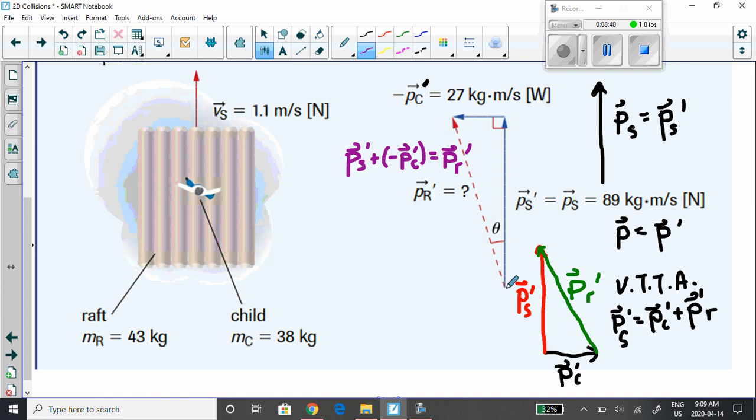And here it is: the momentum of the system plus the negative of the momentum of the child, as the child is walking, has to equal the momentum of the raft as the child is walking. So this diagram and this diagram are saying the same thing. They've just rearranged the equation. If I rearrange the equation, I have to rearrange the diagram. That's all they're saying.